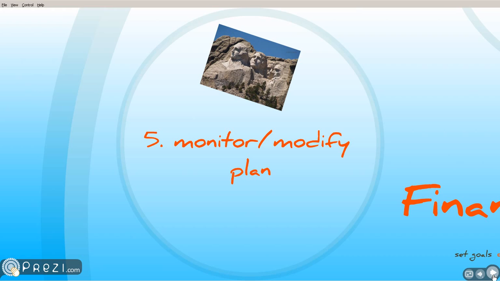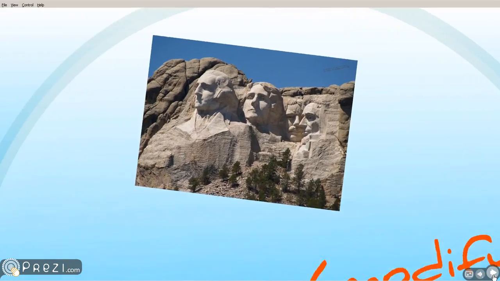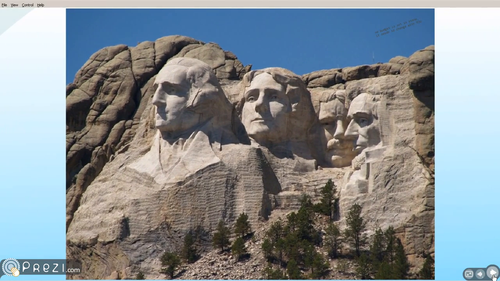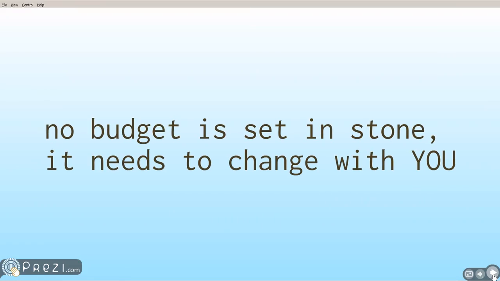Now, just because you've implemented a great plan and you've really thought it out, doesn't mean you're done. The fact is, just like this beautiful Mount Rushmore here, no plan gets to be set in stone, and in fact it needs to change with you.